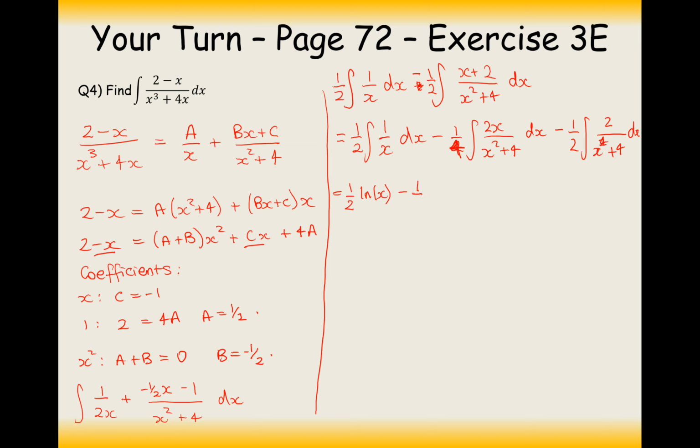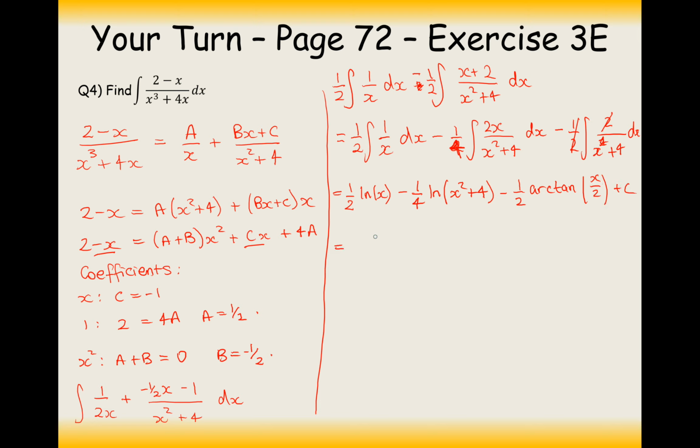So it's going to be a quarter ln (x squared plus 4), and then it will be minus, I'll factorise out that half and that 2 will cancel each other out. And now it's going to be an arctan integral where a squared matches up with 4, so it's going to be a equals 2, so it would be a half arctan, and then it would be x over 2 plus c. And there we are.